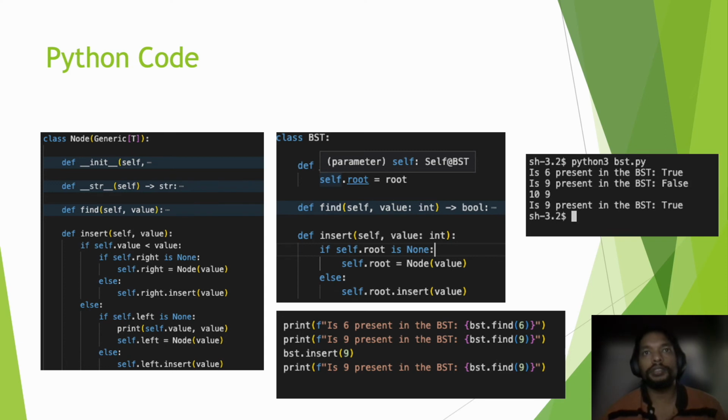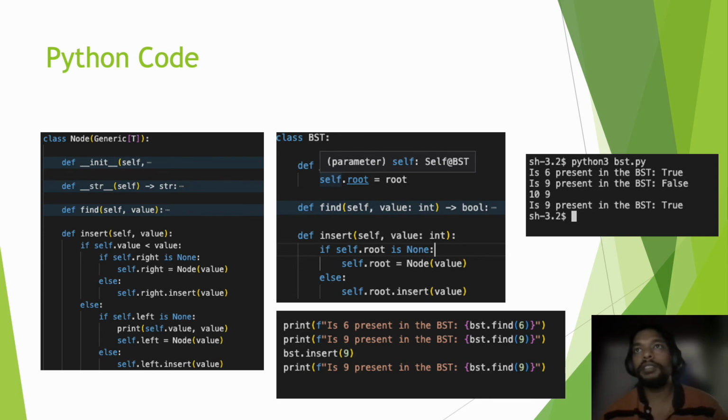And if the right node exists, then we will go through the right subtree to insert that value. That's a recursive call. Similarly, if the left child is none, we'll just append to the left child, or we will go through the left subtree to find its position.